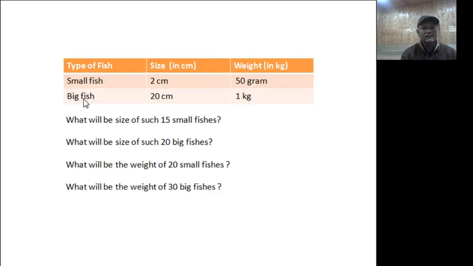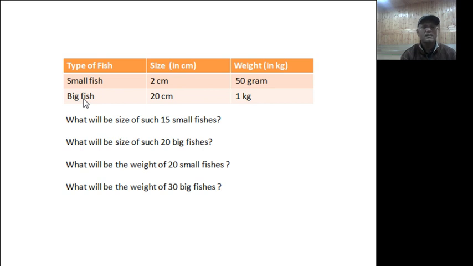Now, there is one table with different types of fish with their size and weight. The small fish, its size is 2 centimeter and the weight is 50 gram. A big fish, its size is 20 centimeter and the weight is 1 kg.